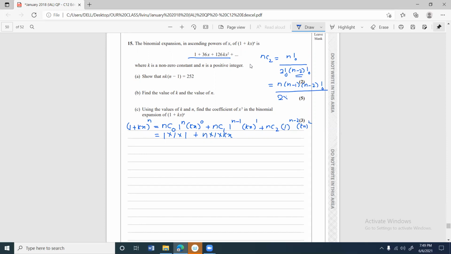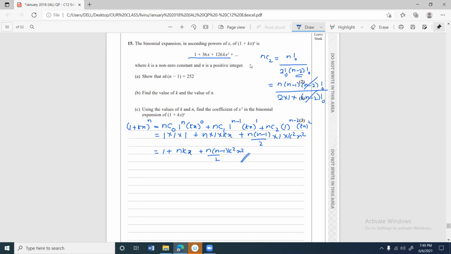Factorial 2 is 2 into 1 times n minus 2 factorial. I can cancel these two. So it turns up to n times n minus 1 over 2 times k squared x squared. It turns up to 1 plus nkx plus n times n minus 1 divided by 2 k squared x squared. That's the answer for that.